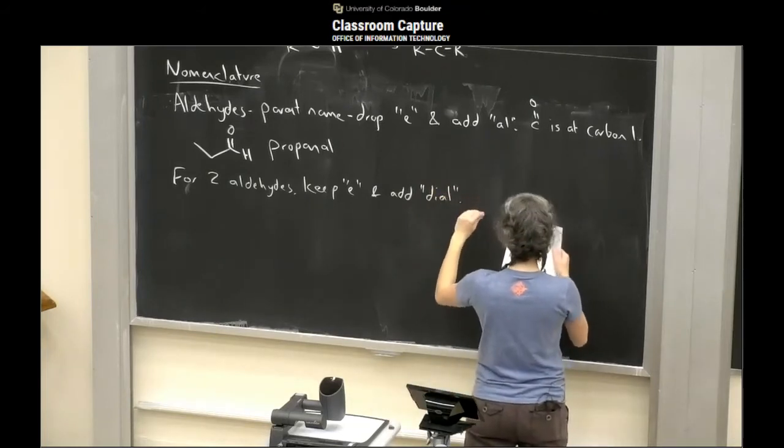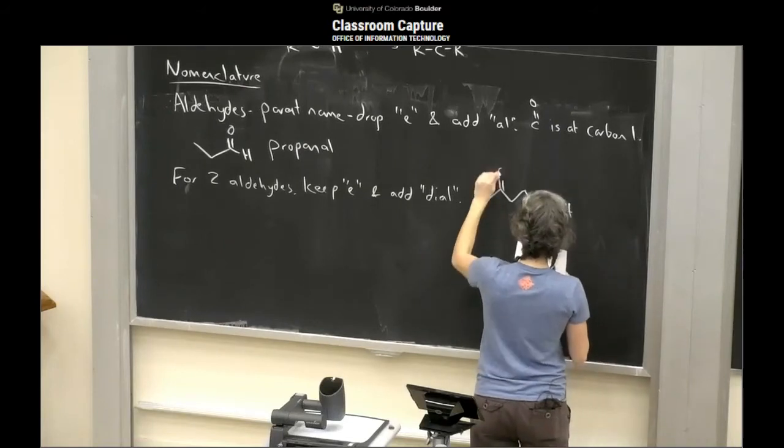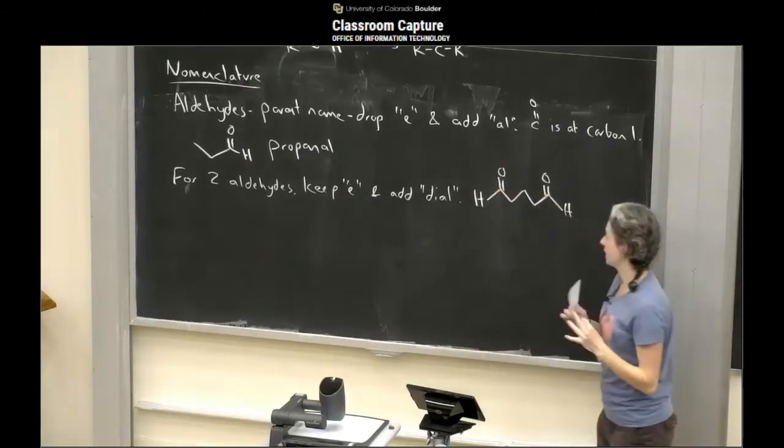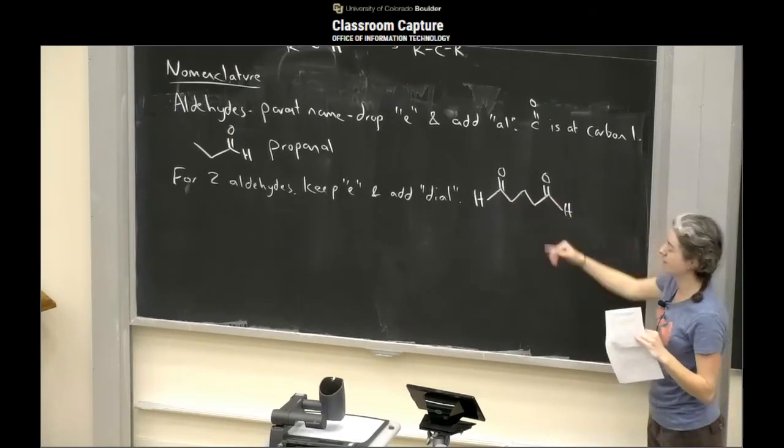So something like this has a 1, 2, 3, 4, 5 carbon chain, so it's a pentane derivative.